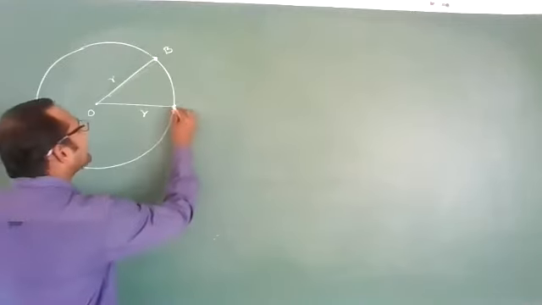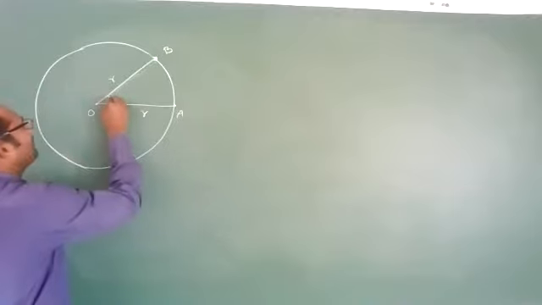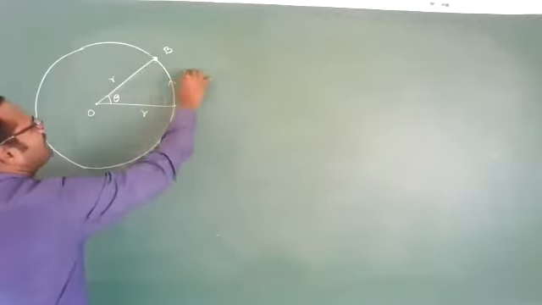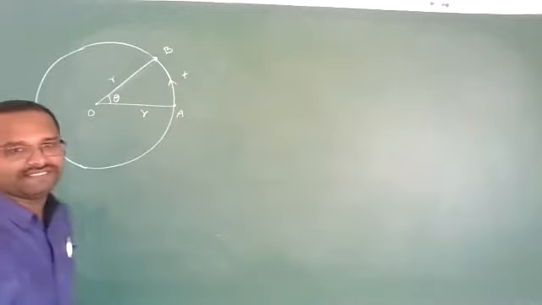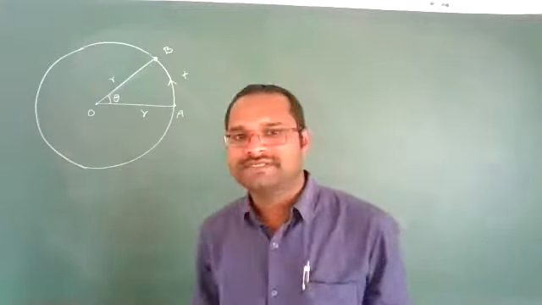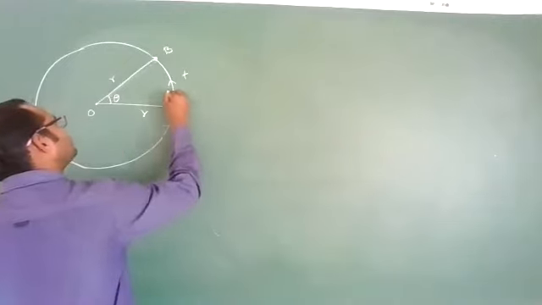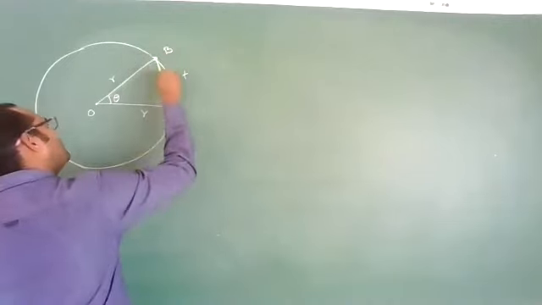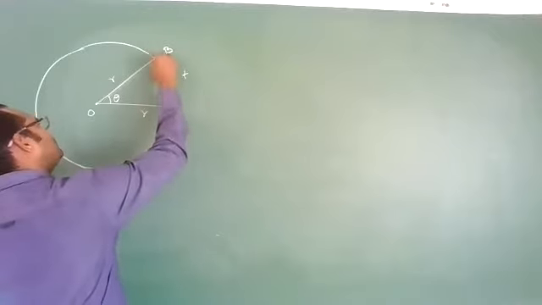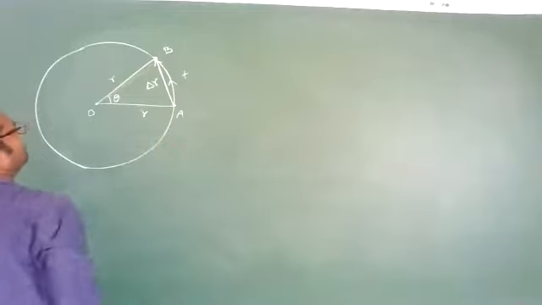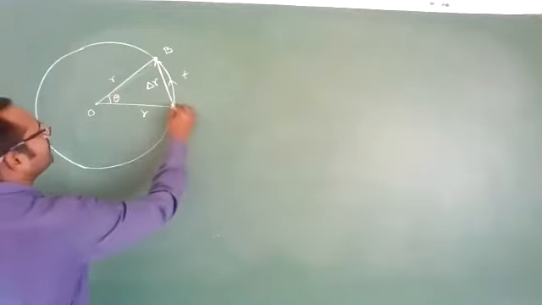Now, what is the angular displacement? This is the angle it will cover. This theta it will cover while going like this in a time t. Now, if I want the displacement, this will be the displacement, delta R, from here to here.